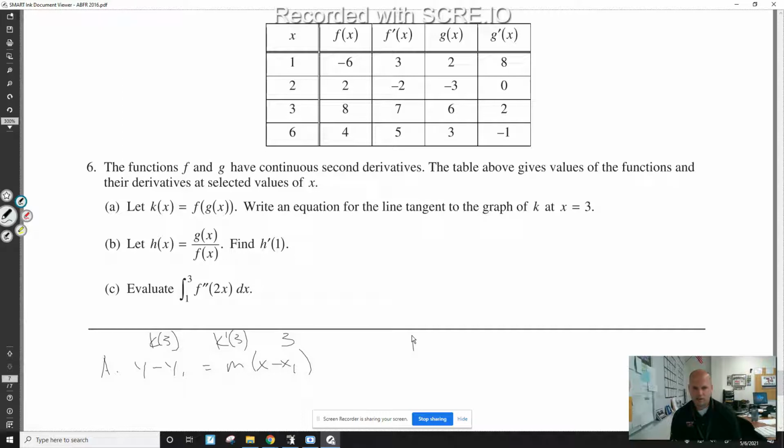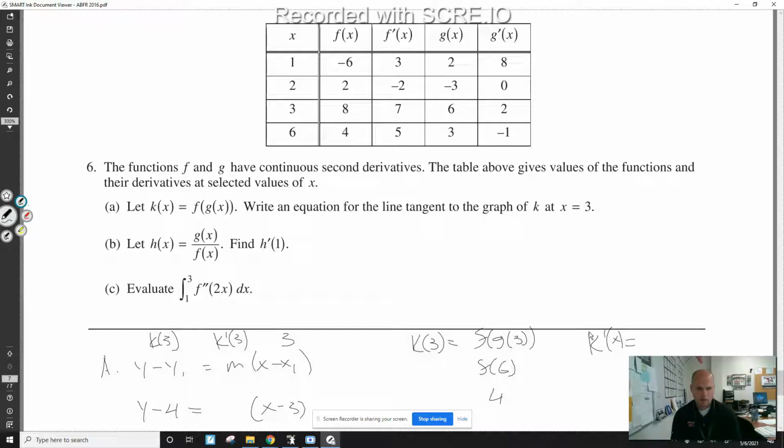Well, what's K of 3? K of 3 is f of g of 3. G of 3 is 6. F of 6 is 4. So I got y minus 4 equals some slope times x minus 3.